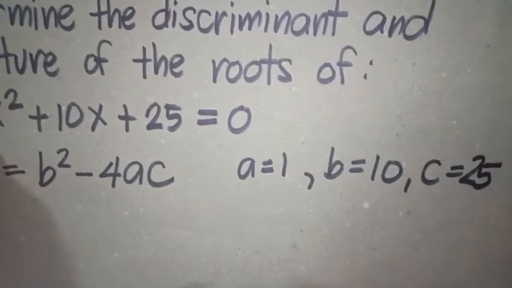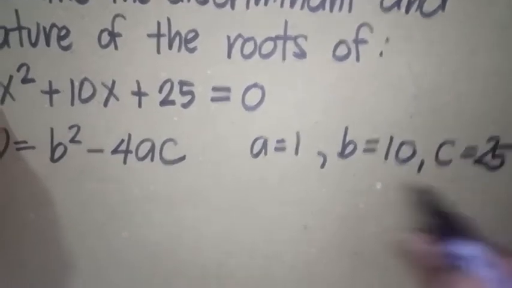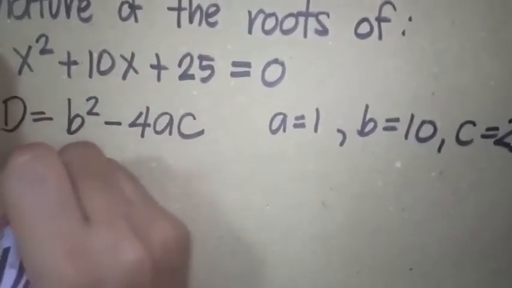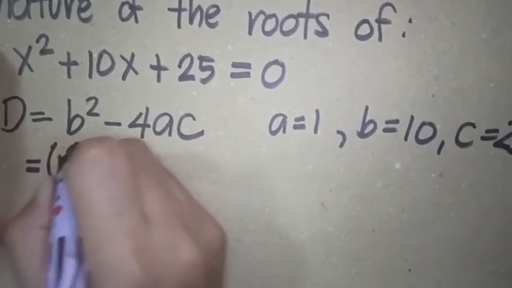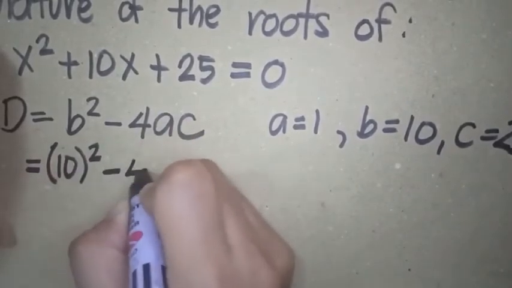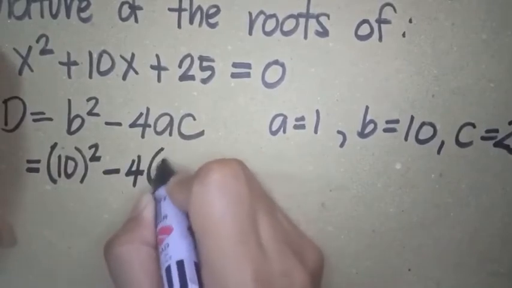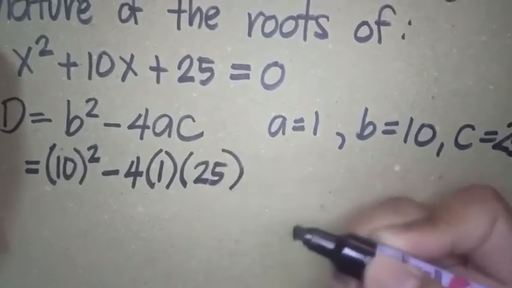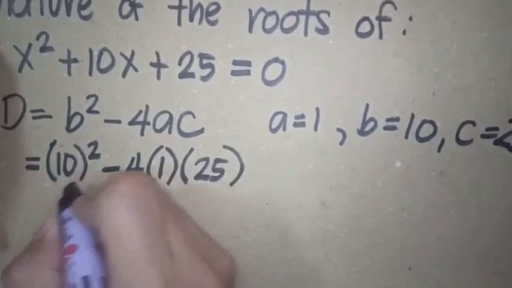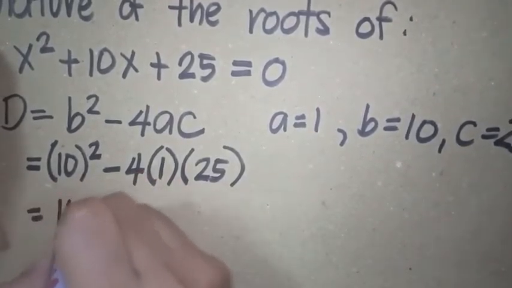Okay? So, isa-substitute natin yung mga values na yan dito sa formula natin. So, we have d is equal to b squared. Our b is 10. So, 10 squared minus 4 times a, which is 1, times c, which is 25. So, simplify natin. 10 squared is actually 100.